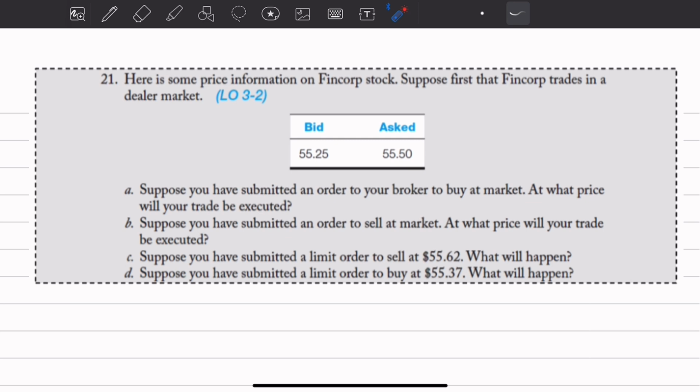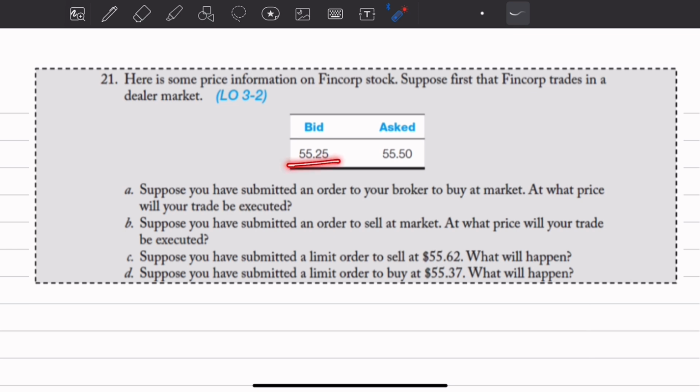A, suppose you have submitted an order to your broker to buy at market. At what price will your trade be executed? Here you need to pay attention to the type of order. You have a buy at market order. So the broker will execute the trade at market price levels. But the problem here is, which side should we be looking at?